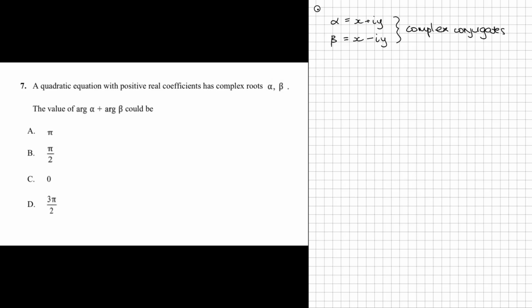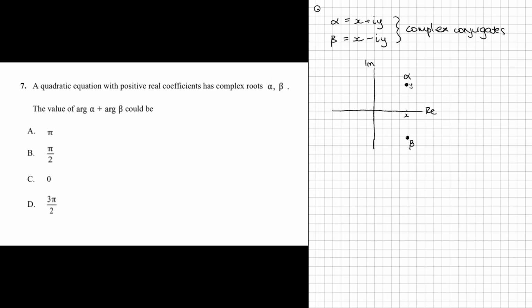So if I was to draw this up in an Argand plane, if I just sketch up an Argand plane very quickly, with our real and imaginary parts, and I wanted to plot alpha and beta, I'd come across some value x and then come up some value y, and the actual point there would be alpha. And if I came across the same value x and down the same value negative y, I'd get beta.